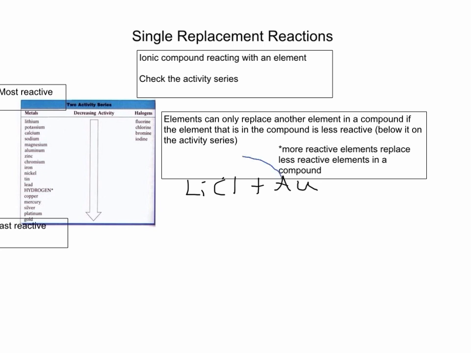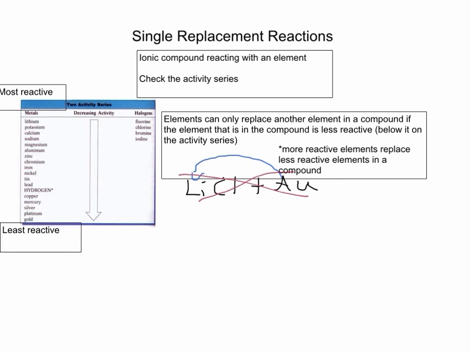Will gold replace lithium? Remember that whatever element is coming in to replace the one that's already there must be more reactive. We look at our activity series, and we find lithium, and we find gold. Gold is less reactive than lithium. We can think of this as gold, because it's less reactive, not being strong enough to push lithium out of the way. So because gold is below lithium on the table, this reaction will not happen.